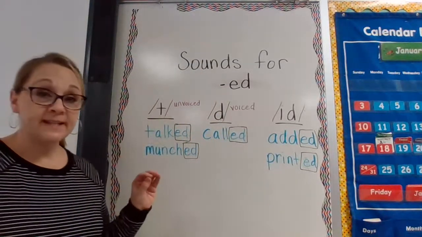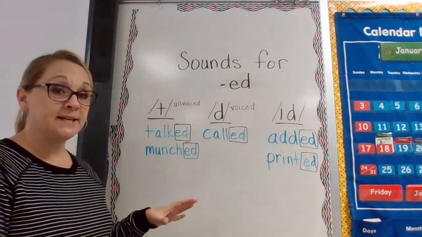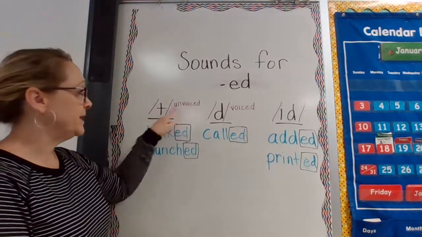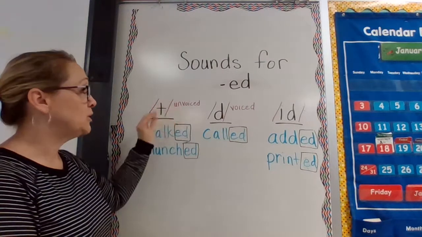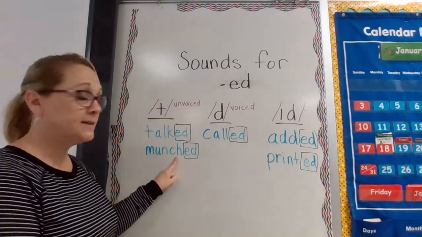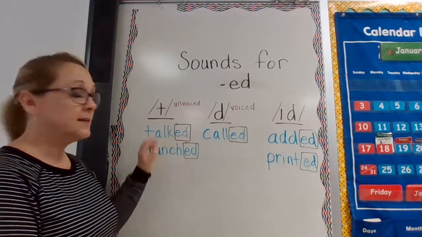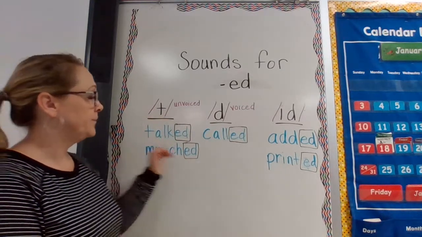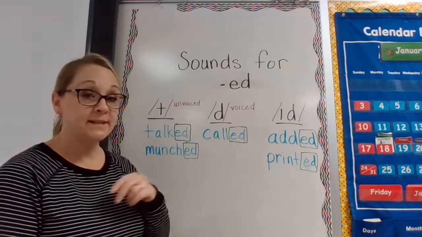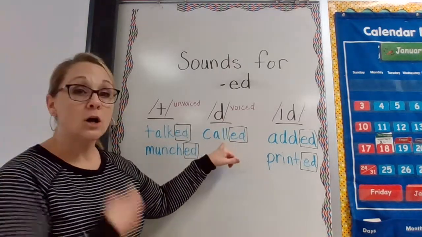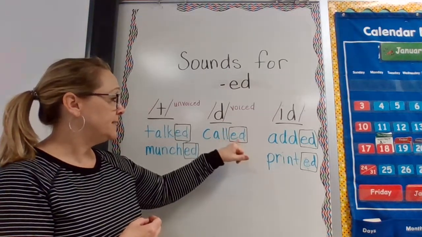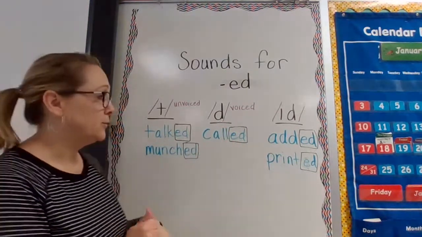So the three sounds for inflected ending ed: we have unvoiced t, which goes if the final consonant is unvoiced. Ed makes the t sound, so we put it under t. When a base word ends with a voiced sound, like called, the inflected ending ed makes the d sound.